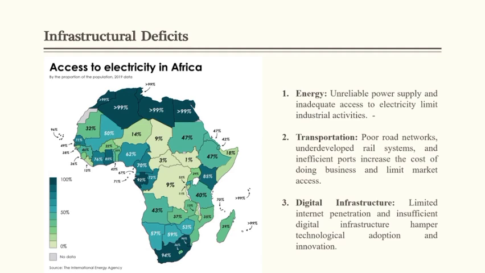So you see that limited internet penetration and insufficient digital infrastructure limit technological adoption and innovation. So Africa goes through all of this, and then you can agree with me that these are some of the outstanding reasons why the continent is dragging backward in terms of development, in terms of meeting up with their counterparts in Western countries.